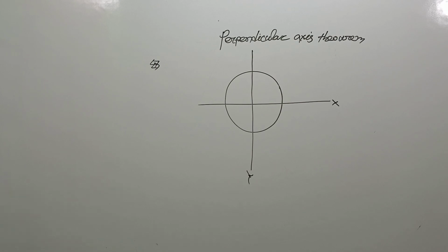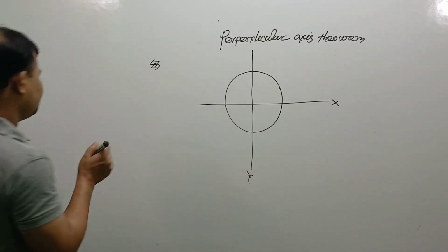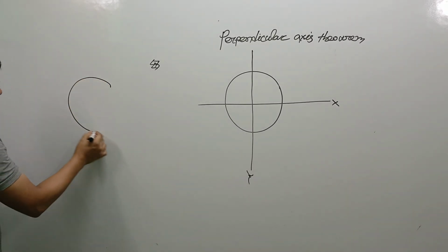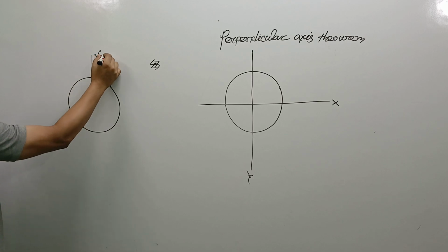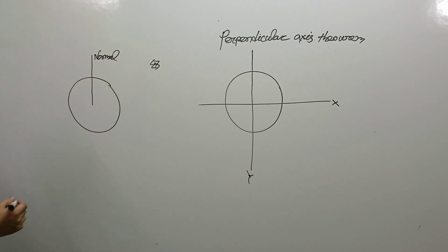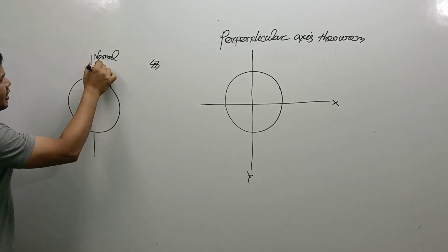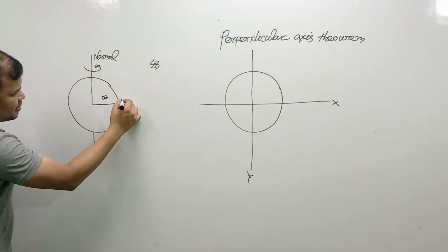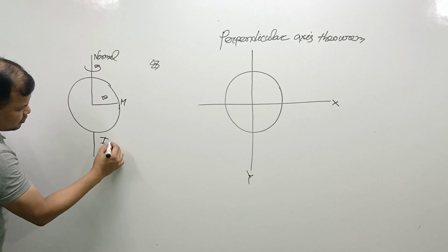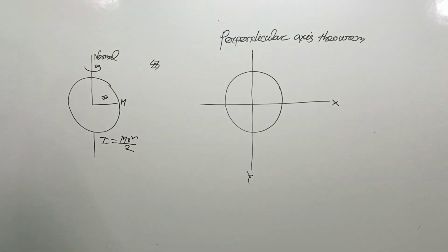Okay, my dear students, in my previous lecture we already learned, in case of the circular disc, if this is the normal, and if this circular disc rotates around this axis, and if this is the radius and m is the mass, then the moment of inertia will be mr square divided by 2. We already learned that in our previous lecture.